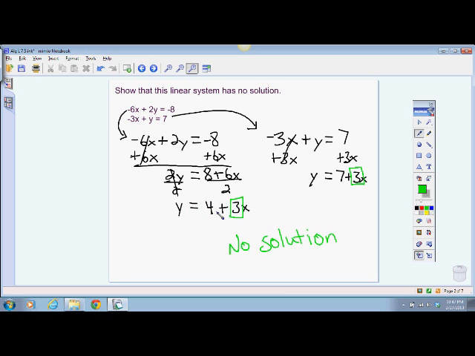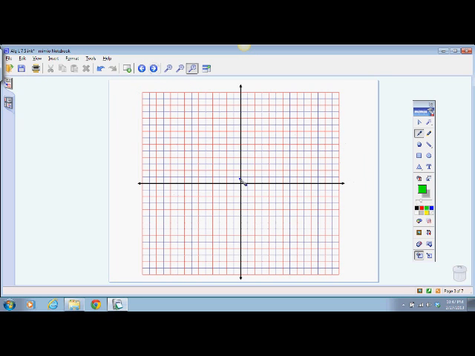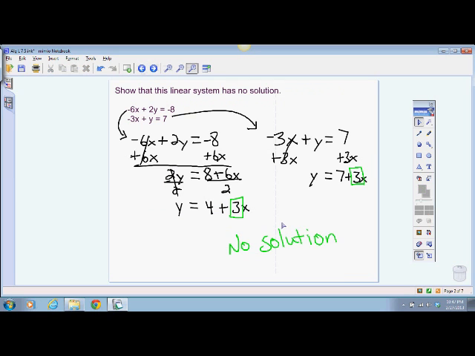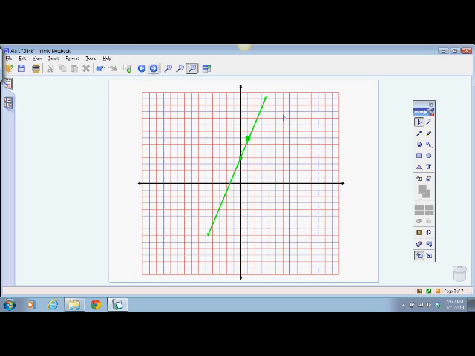If we graph the first one here, 4 plus 3x, my y-intercept is 4, and my slope is 3 over 1. So I'm going to rise 3 and run 1. Okay, and then our other one had a y-intercept of 7, and again the slope of 3.